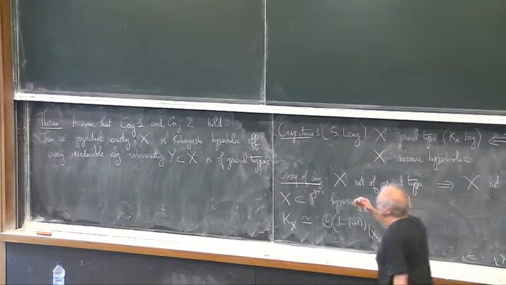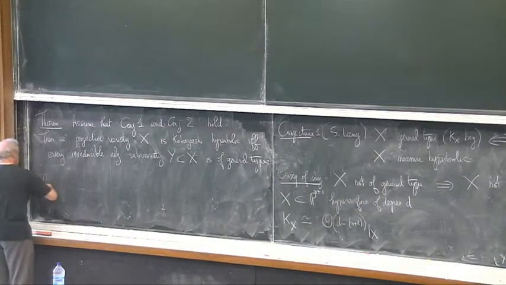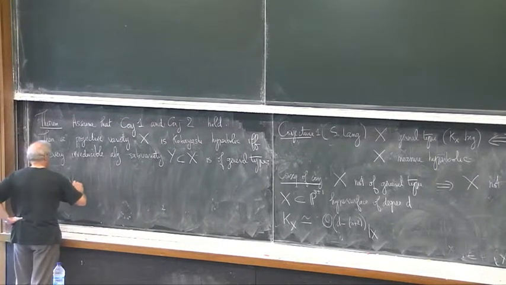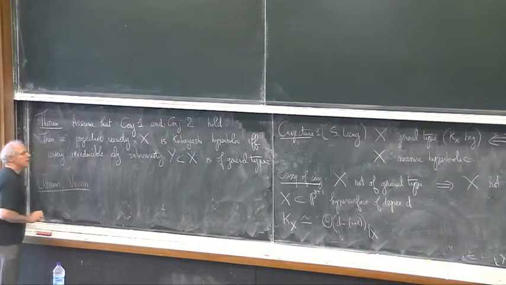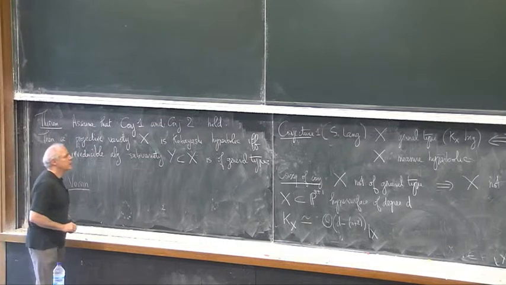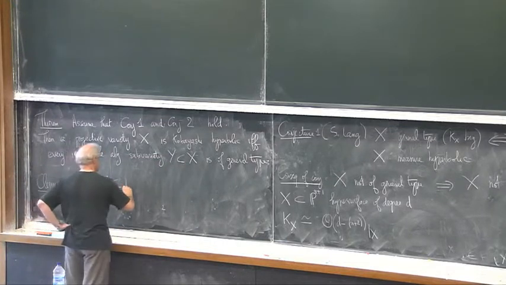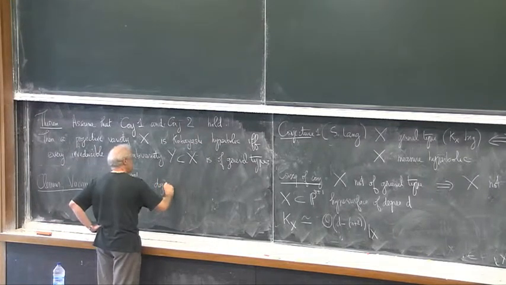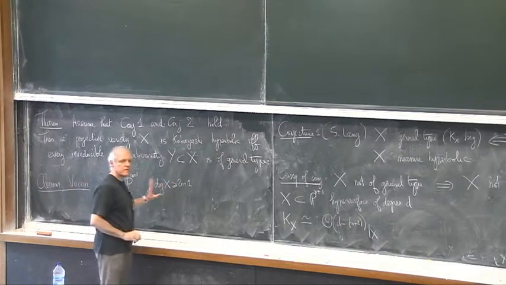But for instance, it was proved by people like Clemens and Claire Voisin that if you take X, for instance, in P^{n+1}, of degree at least 2n+1 and X generic.